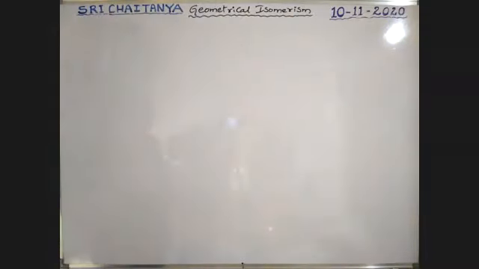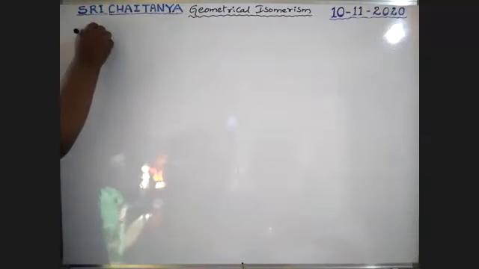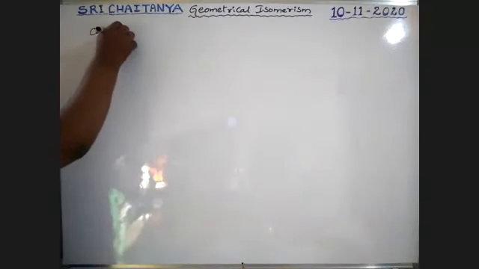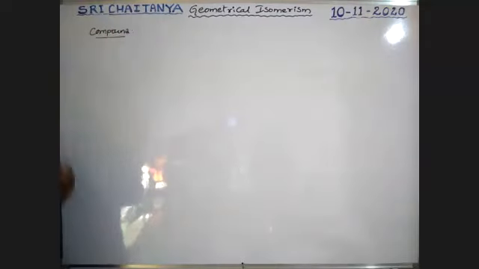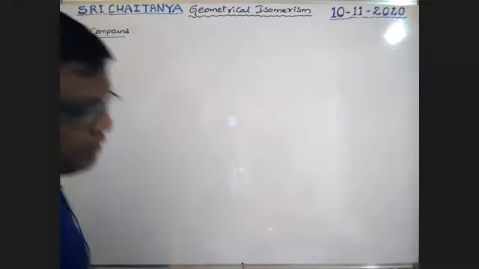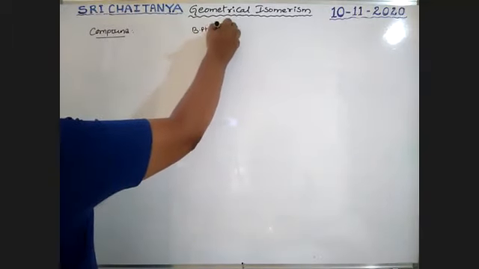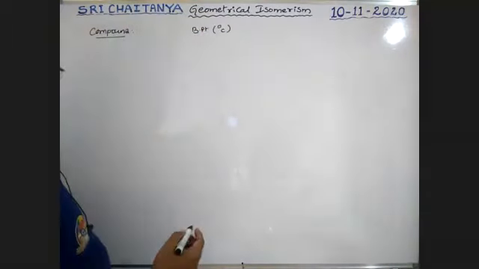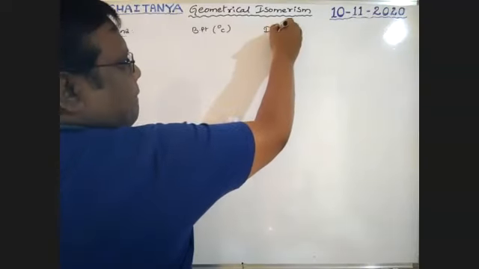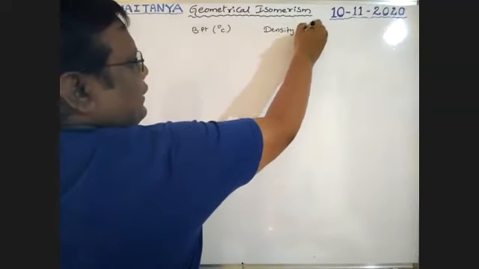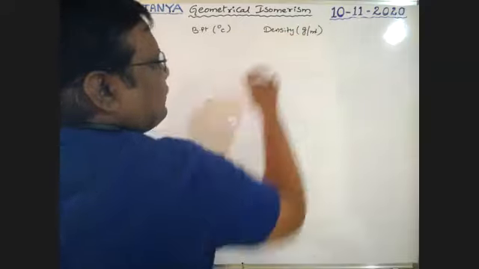See here, tabular form, note this tabular form, boys. So that is compound, boiling point in degree centigrade, density in gram per ml, boys.